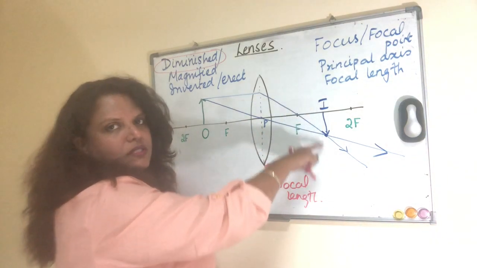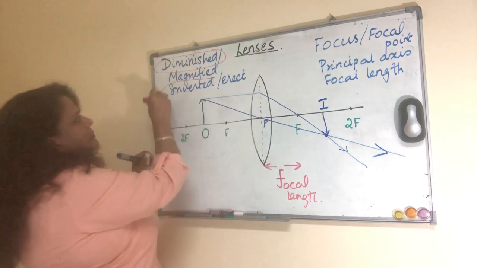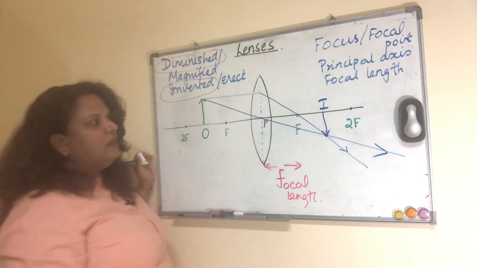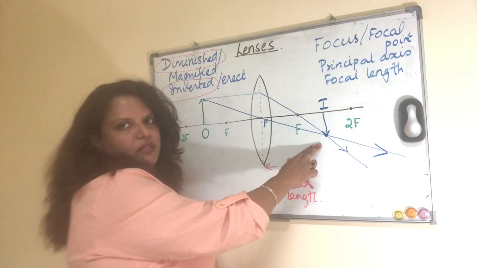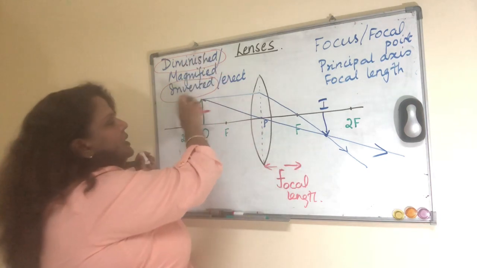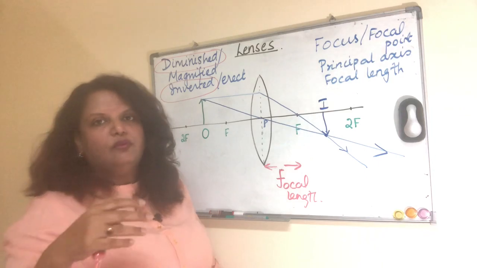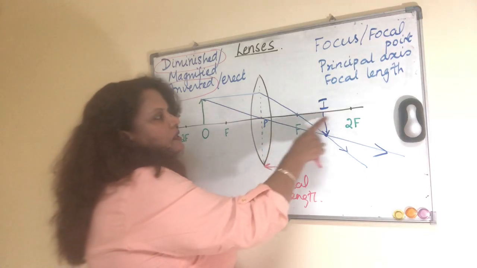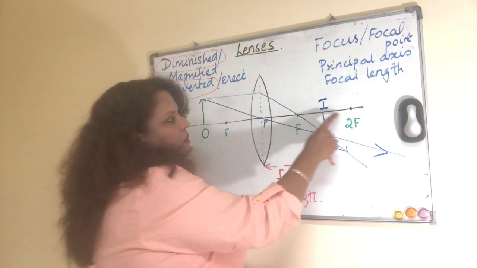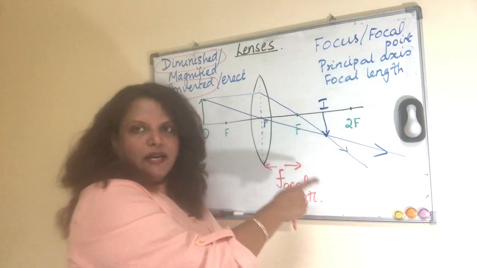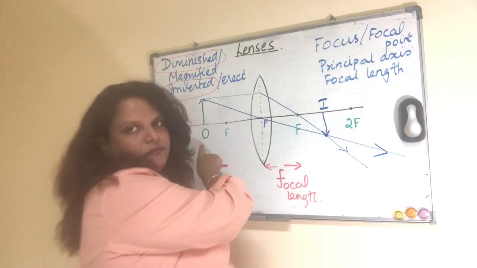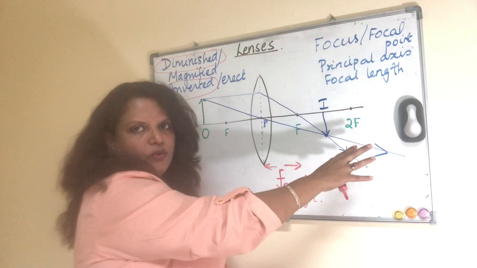So it denotes that it is inverted. Right? So two characteristics of the image we have written: it is diminished and it is inverted. Now two more characteristics you can add is, where is it formed? Now this is formed between F and 2F on the other side of the object.